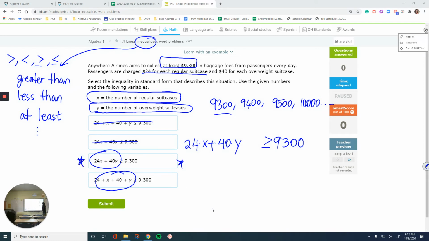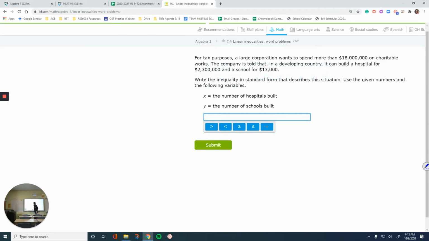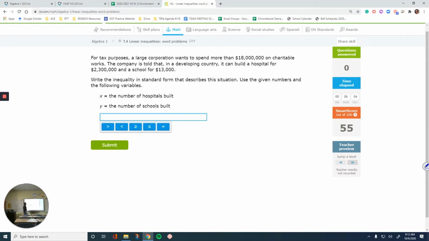Moving on to the next one. For tax purposes, a large corporation wants to spend more than $18 million. So this is kind of obvious because it tells us it is more than 18 million.